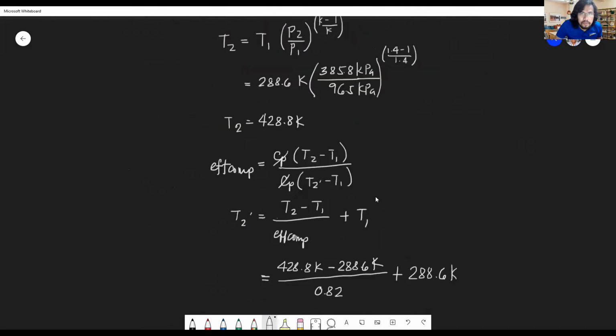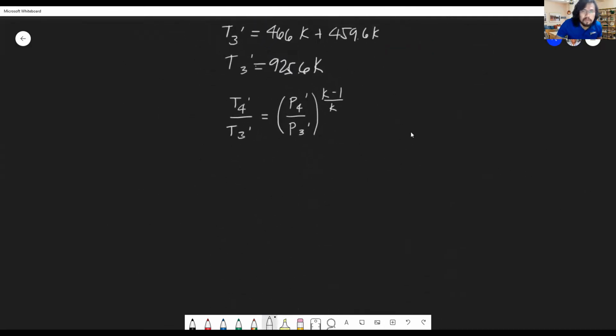So T4 is what? Well, you just simply move this over to the other side, and you get T4 prime equals T3 prime times P4 prime over P3 prime, the quantity raised to K minus 1 over K. So this is now just plugging the values.